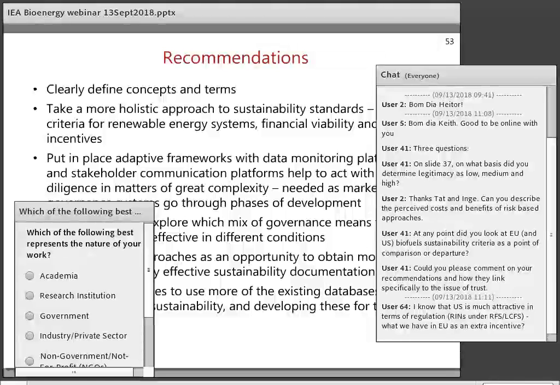And for this holistic approach, what became clear to us is that some of the financial incentives to develop bioenergy are put in place to achieve sustainability goals. But very often it seems as something different from sustainability. So when we want to look at the whole picture, we should also, you could say, force people to see it in the same standard somehow, to see it in the same context.